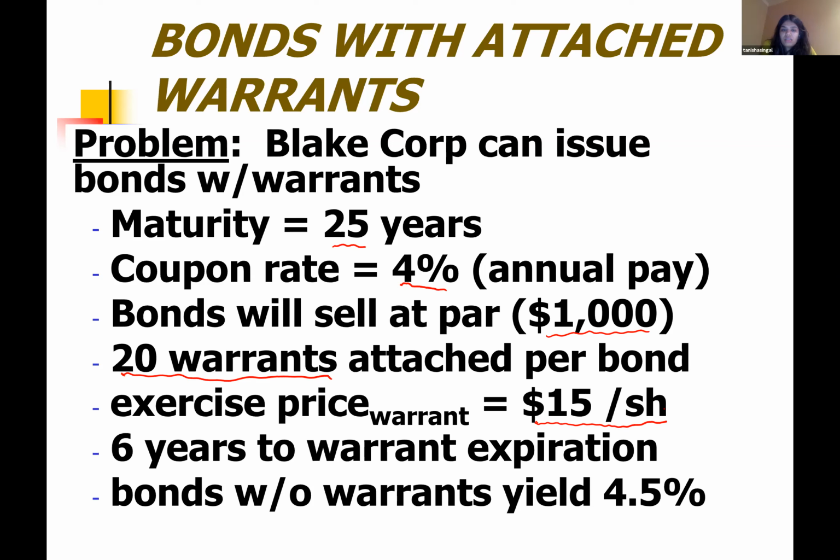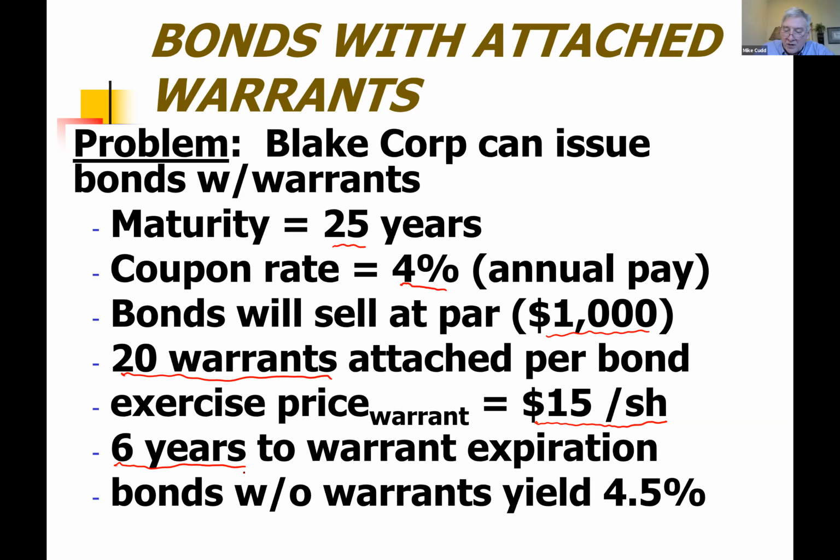You can buy the stock from the company at 15 and sell it on the market at 22, if the stock price has gone up. The warrants don't last forever. They expire in 6 years.